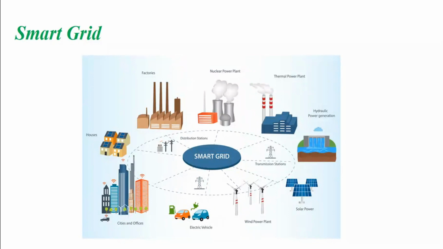Okay, so the smart grid has all the facilities so that people are able to know the per unit price at what time. According to the time, the price of electricity will differ.